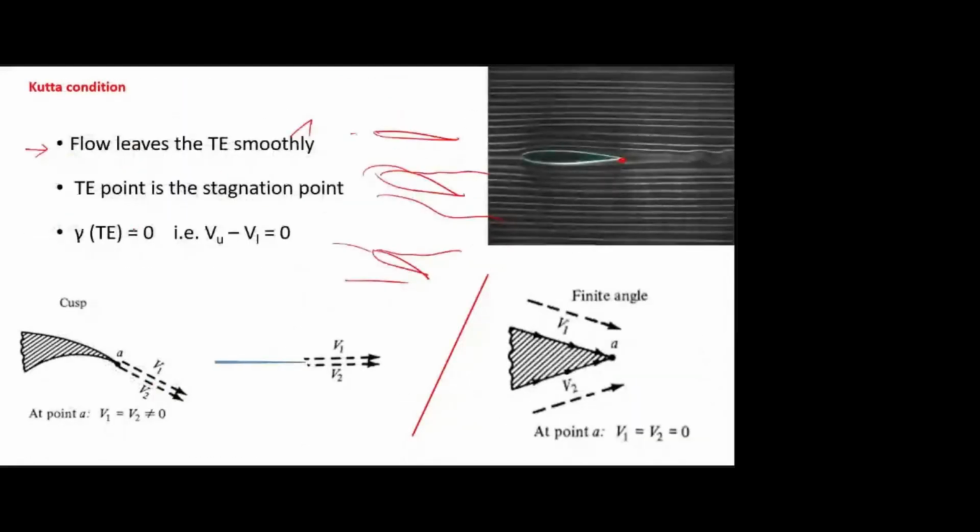The third statement: the strength of the vortex at the stagnation point is 0. Should I explain? I already told you in the direct method, we will place a vortex sheet or source sheet over the airfoil. That is, small vortices will be placed.